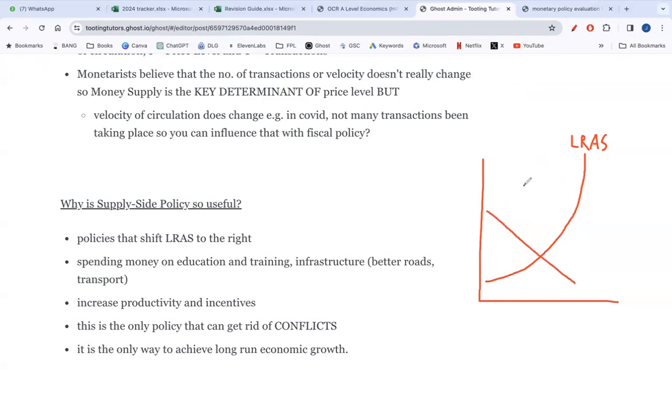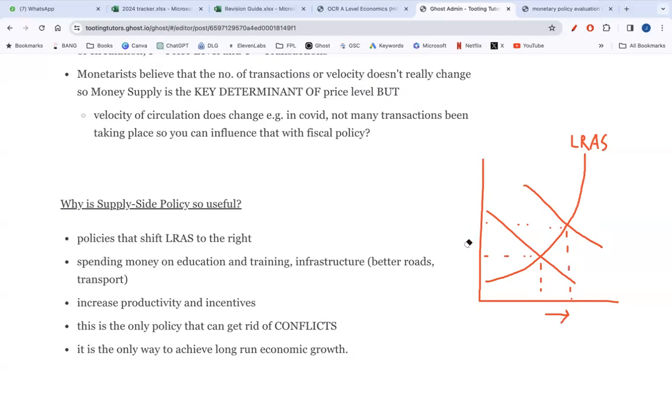If my AD curve shifts to the right, this is fine. Nothing bad has happened. So my GDP's gone up and my price level has gone up, not by that much, it's fine.